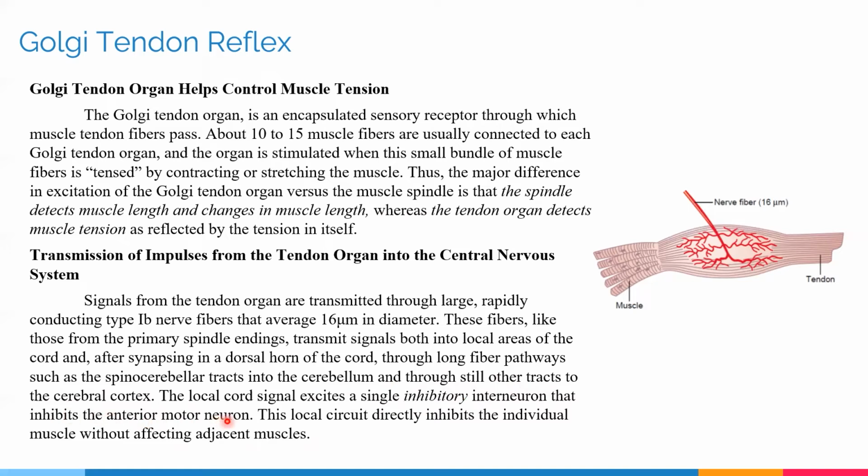The local cord signal excites a single inhibitory interneuron that inhibits the anterior motor neuron. This local circuit directly inhibits the individual muscle without affecting adjacent muscles.